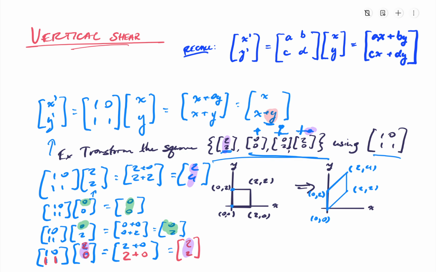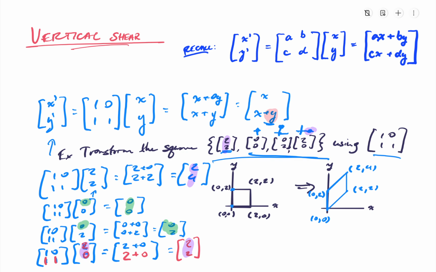But since we're usually given a square, that's the easy one to start with. So that's going to look like it's been sheared. So only one side has been moved up, and now it's been distorted, let's say.